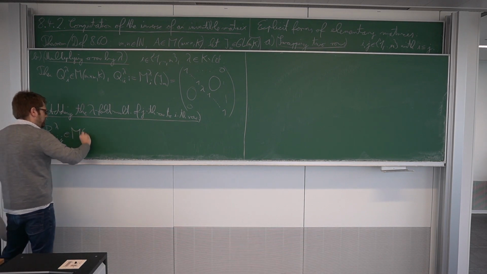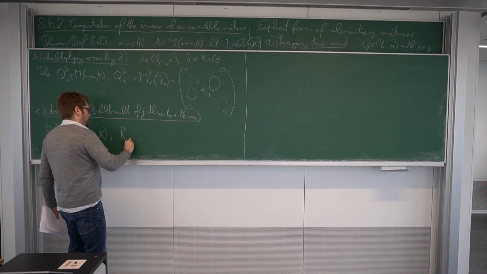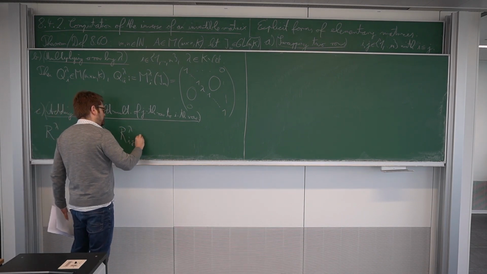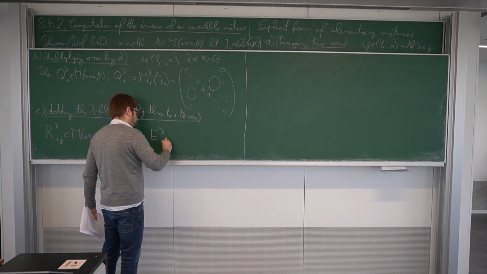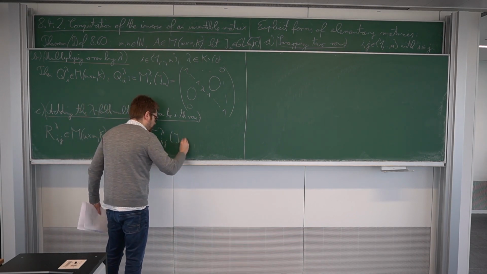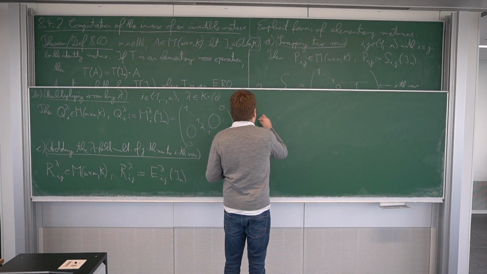So again, m by m matrices. R_i,j,lambda is defined to be the operation E_lambda,i,j performed on the identity matrix I_m, which now looks as follows.